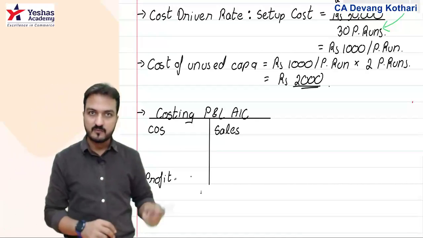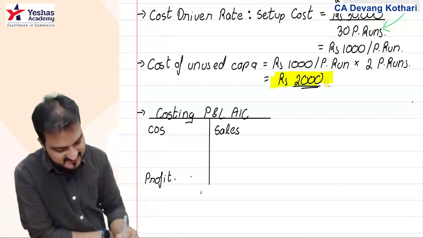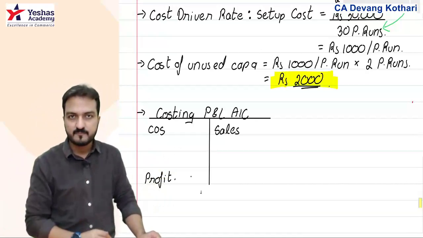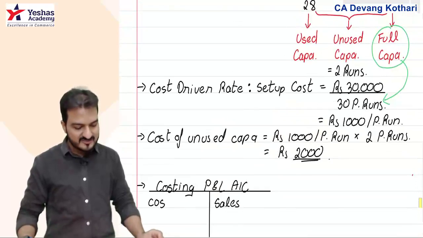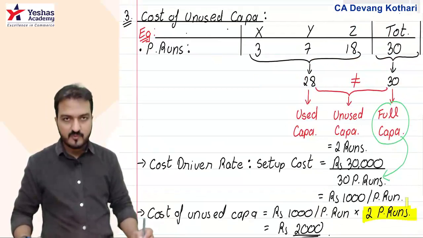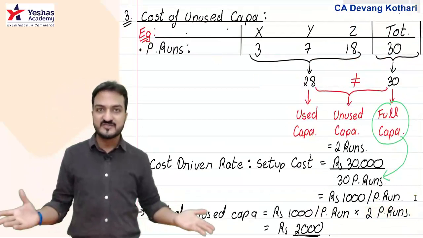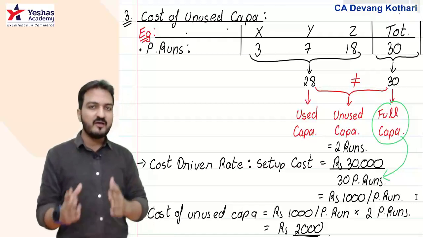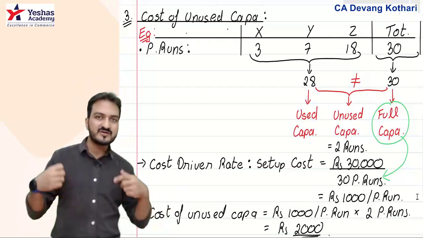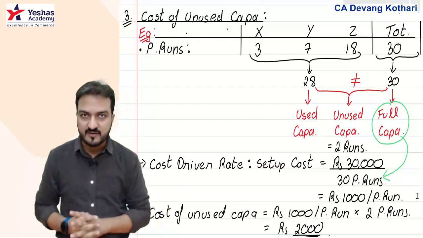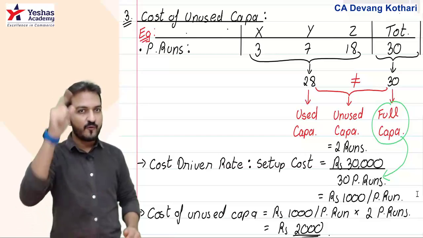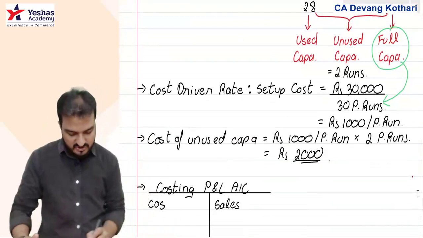But this 2000, you notice, was not added to product XYZ. This 2000 was the cost pertaining to the two production runs, which were not used by X, Y or Z. So it would be wrong if I add that cost to X, Y or Z. Whatever cost I have added in product XYZ goes to the cost of production COP of XYZ, and from COP eventually you get cost of sales.